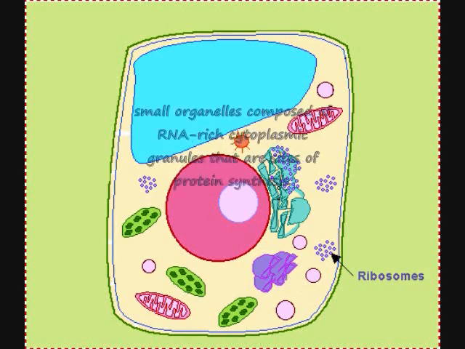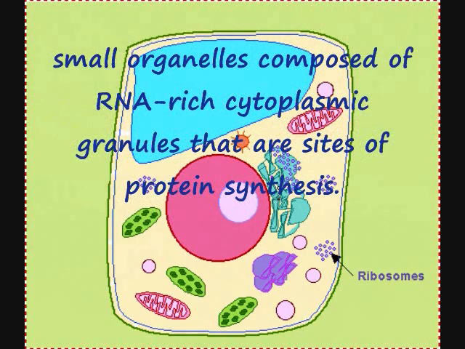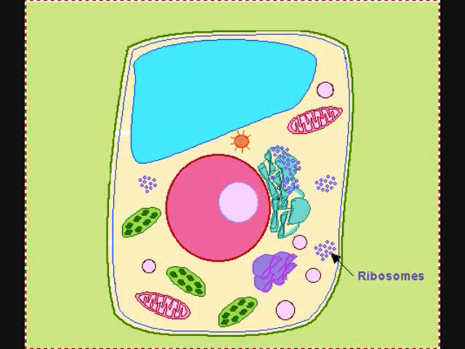Ribosome, small organelles composed of RNA-rich cytoplasmic granules that are sites of protein synthesis. Smooth endoplasmic reticulum, also called smooth ER, a vast system of interconnected membranes, infolded and convoluted tubes that are located in the cell's cytoplasm.